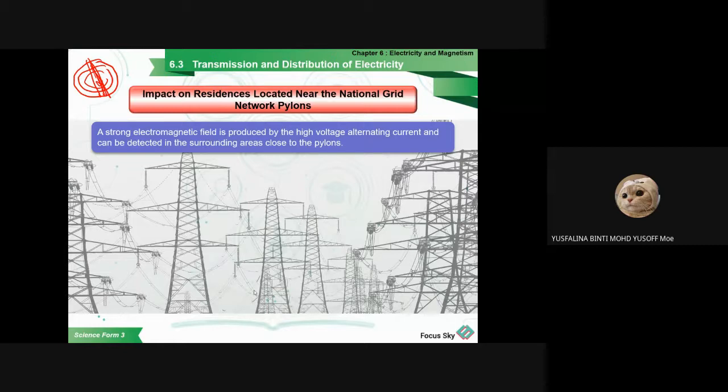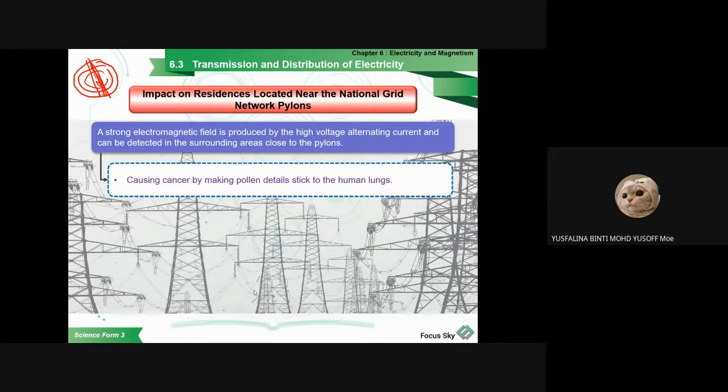It can cause cancer. This is why we don't build a residential house near the national grid network. A strong magnetic field is produced by the high voltage alternating current and can be detected in the surrounding area close to the pylons. This can cause cancer, for example by making pollen dust stick to the human lung.